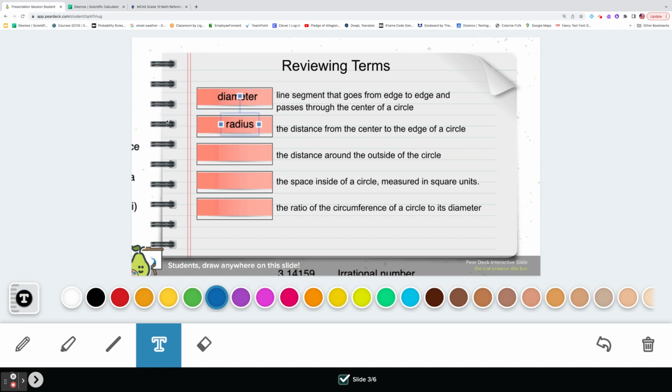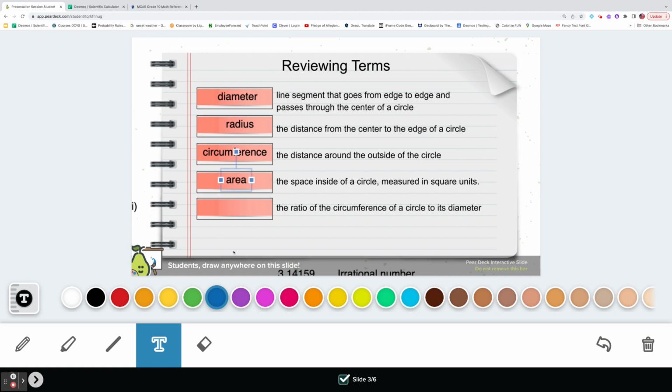How about the distance around the outside of a circle, the length around, kind of like the perimeter, but of a circle? We call that the circumference. The space inside of a circle measured in square units is the area of the circle.